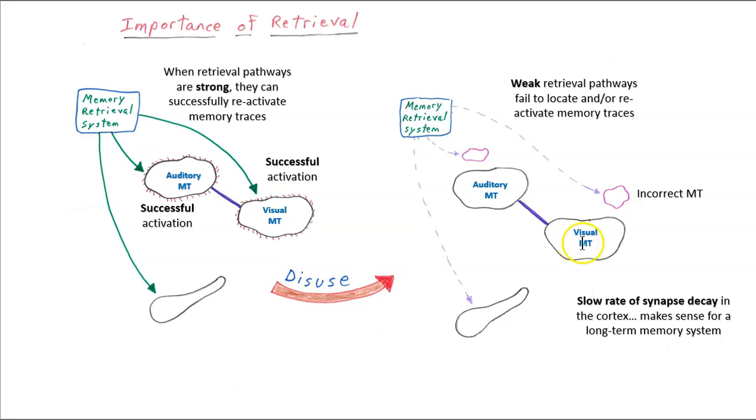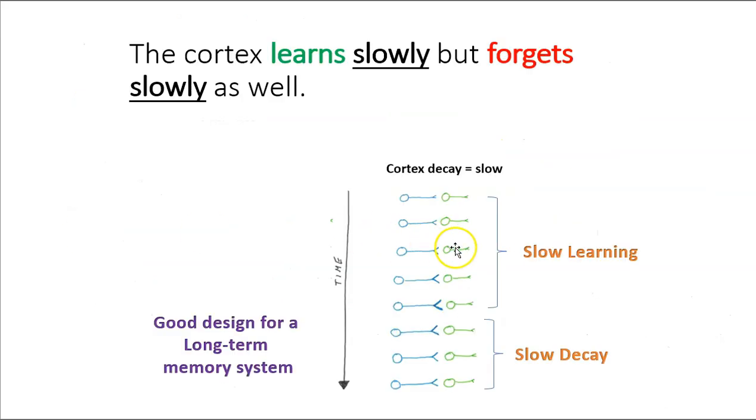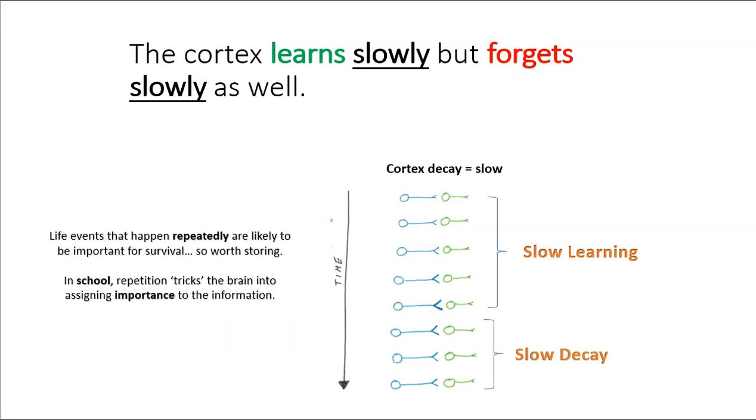So my theory then is that we can make strong cortical memory traces, but somehow with disuse, the brain loses access to that information. If we think about the cortical neurons in this diagram here, we have slow learning, right? So we need multiple study sessions to build strong synapses, but we have slow decay, and that makes good sense for a long-term memory system.